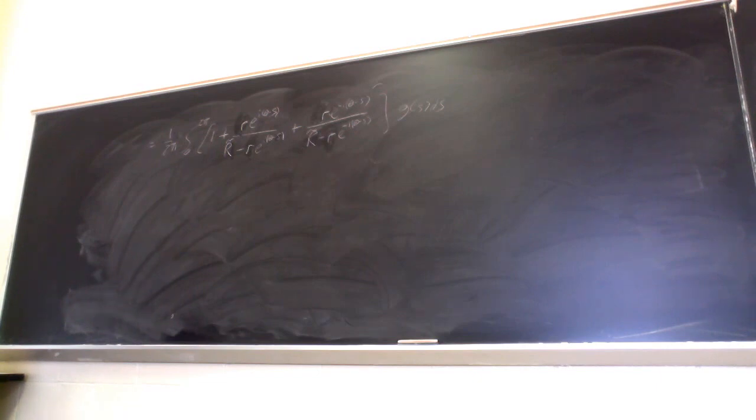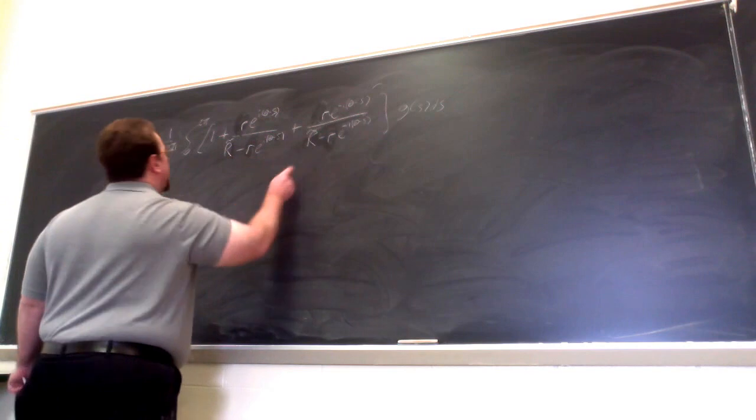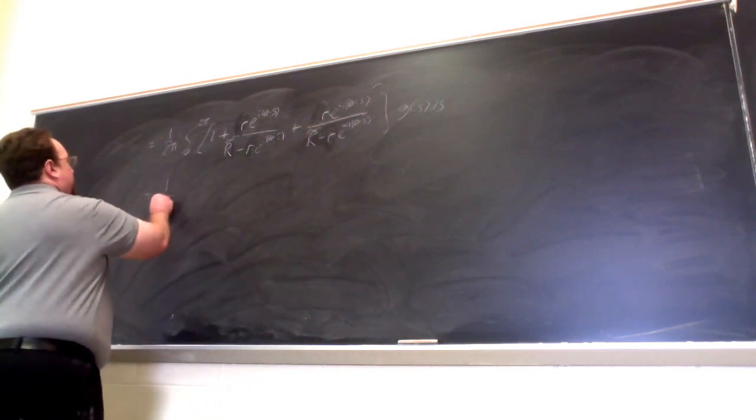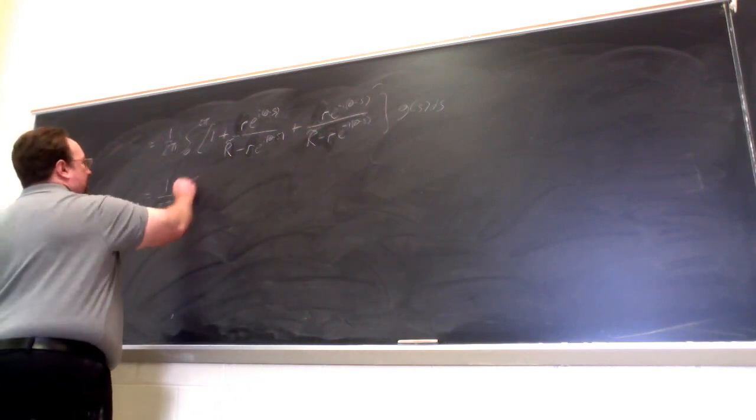Now, I have these nasty fractions. What do you do with fractions when they're added? Common denominator, which means multiplying these two. And when you do that, keep in mind these are complex.